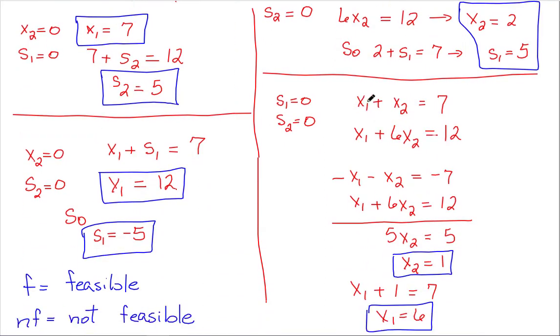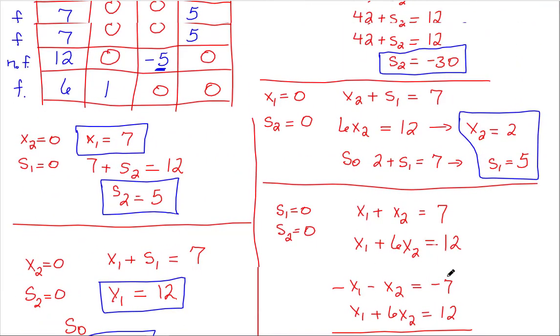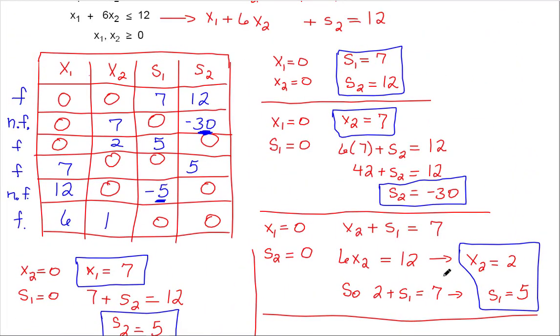And finally, if the last two are 0, then I get a system of equations to solve. So I'm going to try to eliminate x1, multiplying through by -1, and figuring out what x1 and x2 are. Now, what about the feasible business? F for feasible, everything is positive.